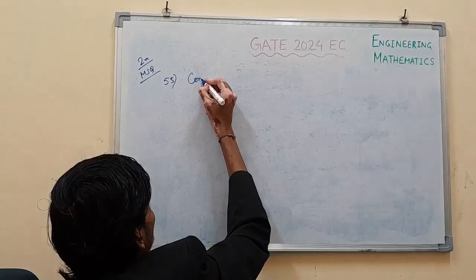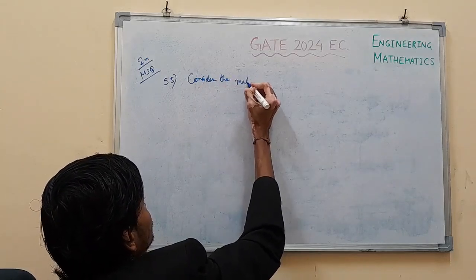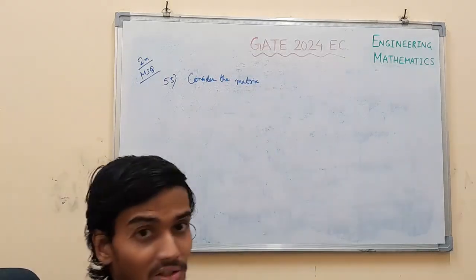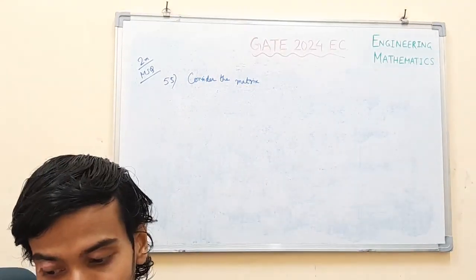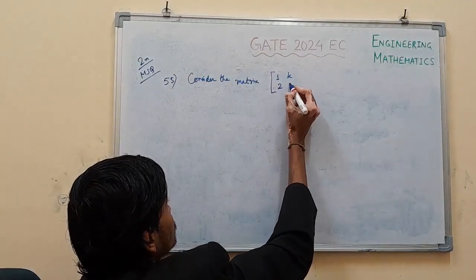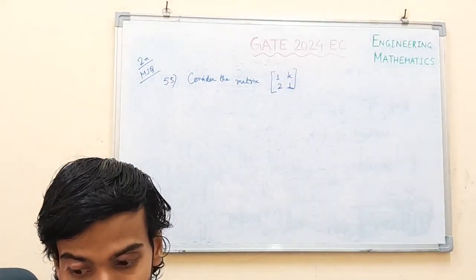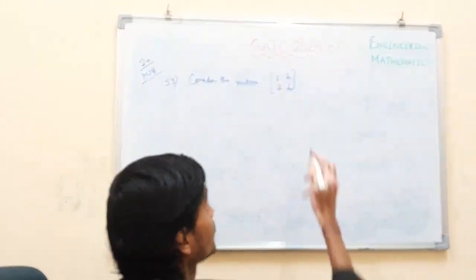So it is given, consider the matrix [1 k; 2 1], where k is a positive real number.